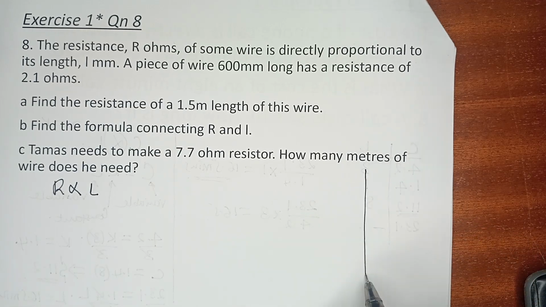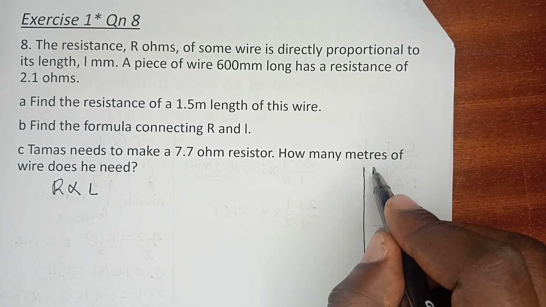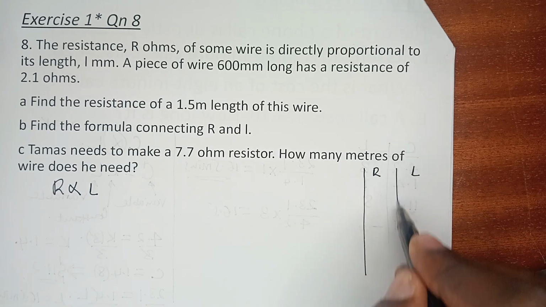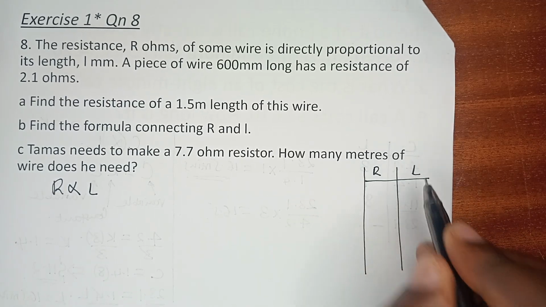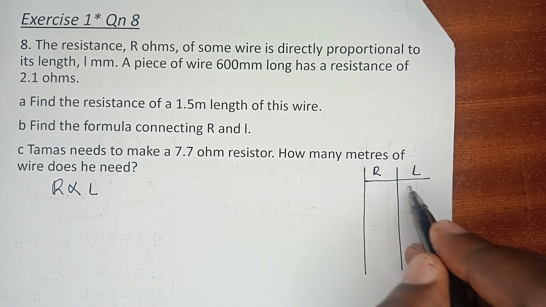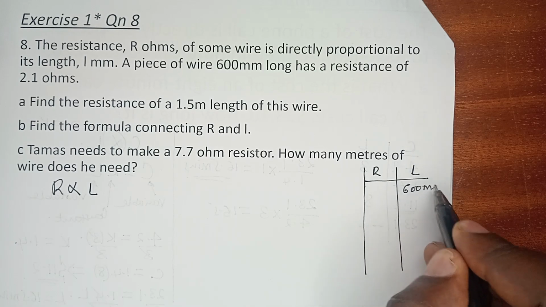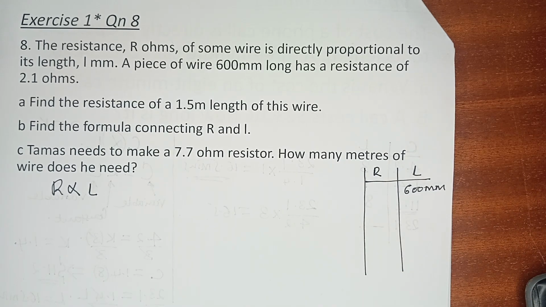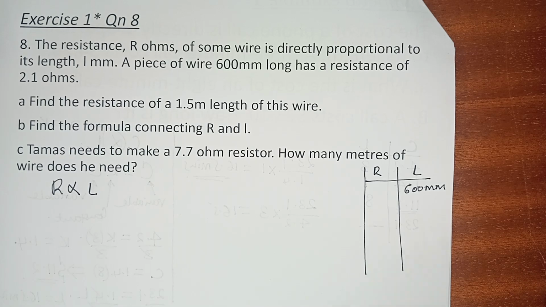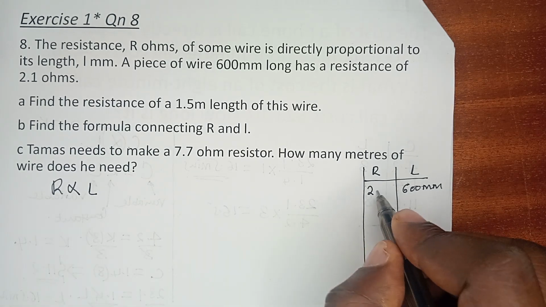Okay, these are some details that we have to talk about, resistance and length. We have some information, because a piece of wire which is 600 mm has a resistance of 2.1 ohms.